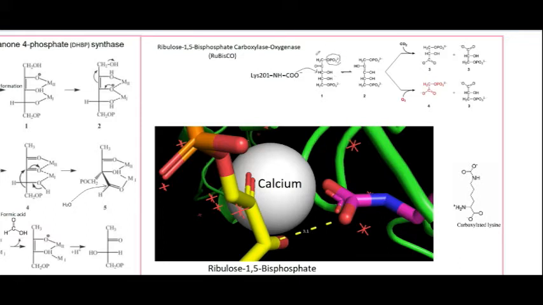But it's doing the same thing where it's deprotonating this third carbon, which is generating this enediol here. And then in rubisco, it can either add carbon dioxide or oxygen, where this is the not favored reaction here. This is sort of a side reaction, which requires a bunch of steps to sort of turn it back into something usable.